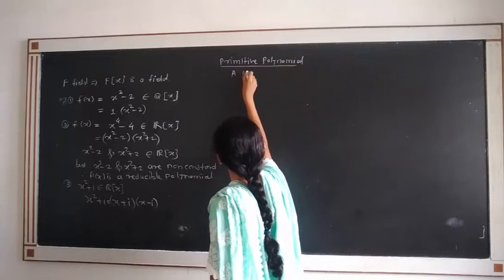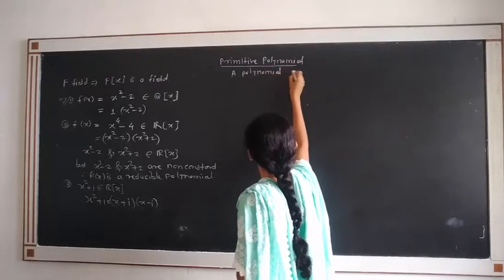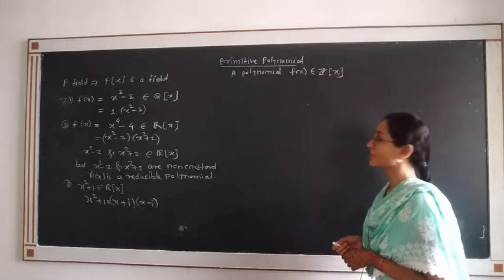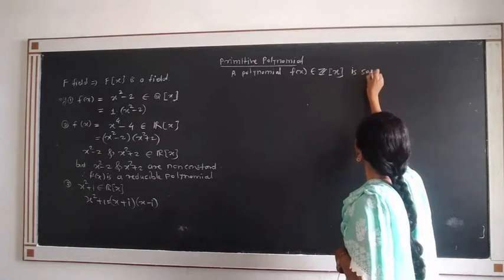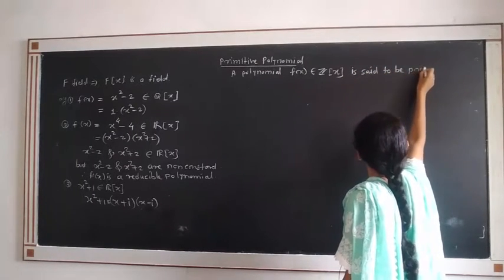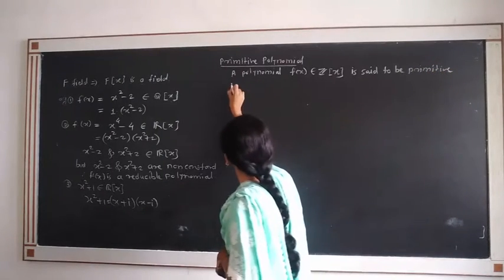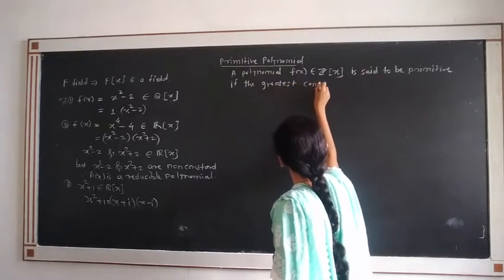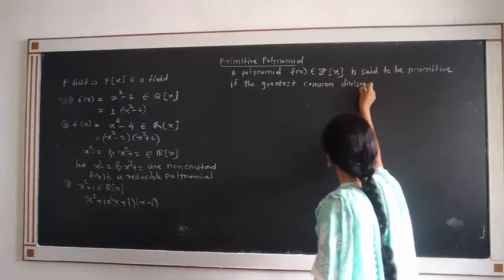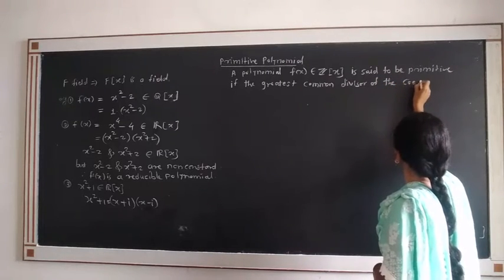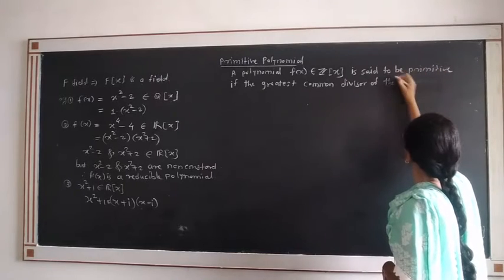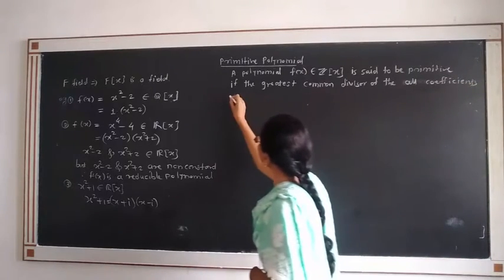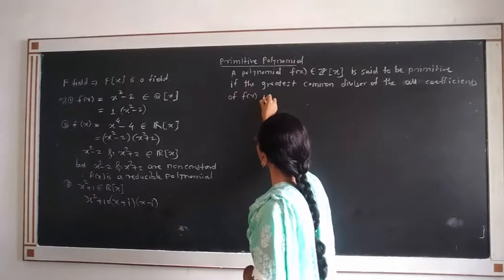A polynomial belonging to the ring of polynomials over integers Z[x] is said to be primitive if the GCD, greatest common divisor, of all coefficients of polynomial f(x) is 1.